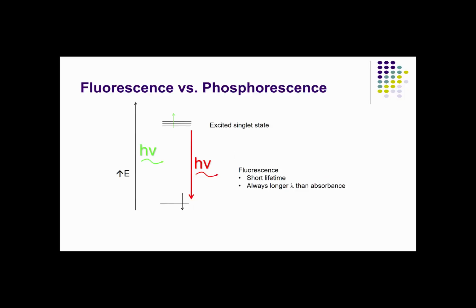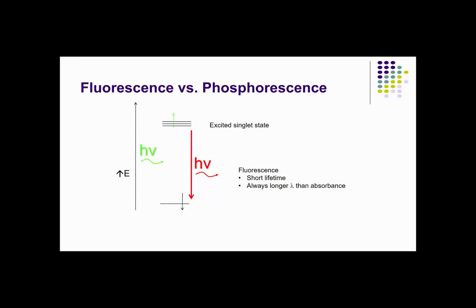The second process whereby an excited state can return to the ground state is through fluorescence. Fluorescence is the emissive process in which a photon is emitted in a spin-allowed process in which there is no change in the spin angular momentum for the excited state as versus the ground state. Energy is lost by the production of a photon.